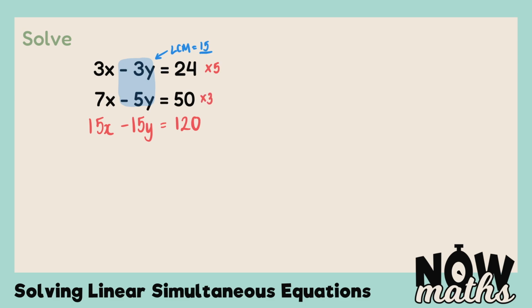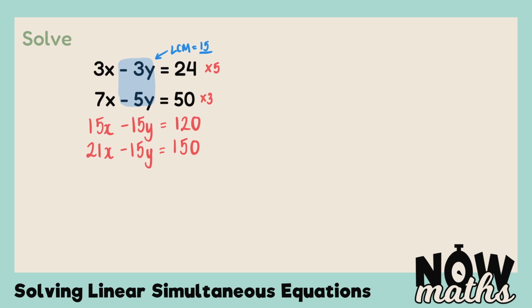So multiplying by 3, we have 7x multiplied by 3 is 21x. Then negative 5y multiplied by 3 is negative 15y. And 50 multiplied by 3 is 150.